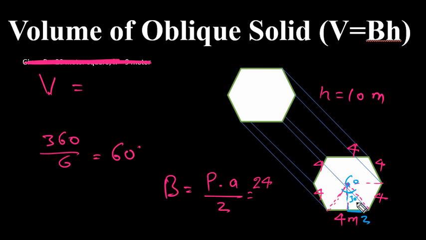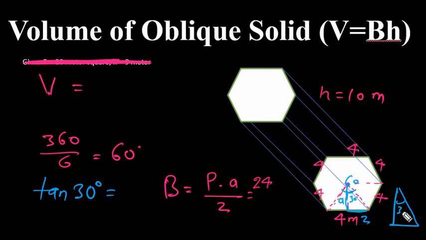Now you need to find this A, this distance, the apothem distance, right? So you can use the tan formula. So tan 30 degrees, because the total angle was 60 and this half angle is 30. Now this is making a right triangle. Let me write it here like this.